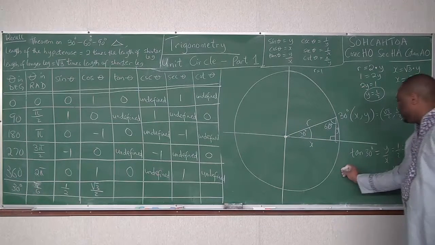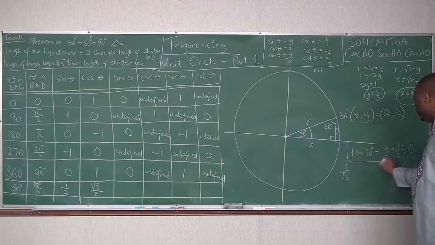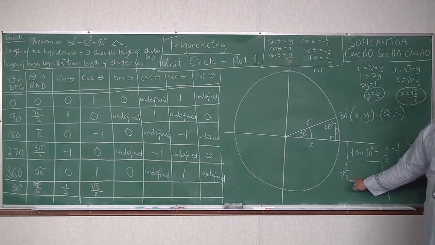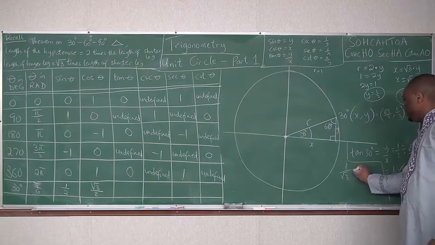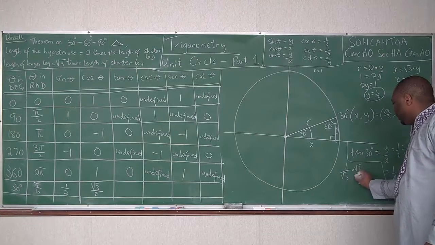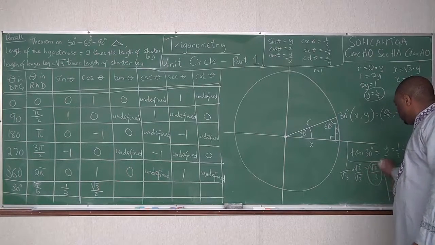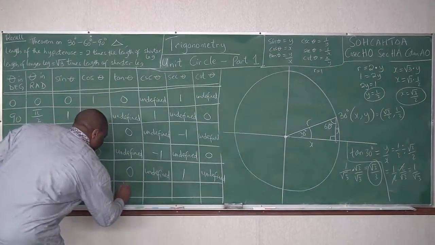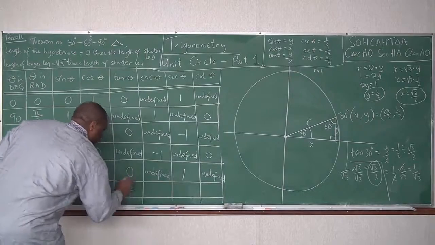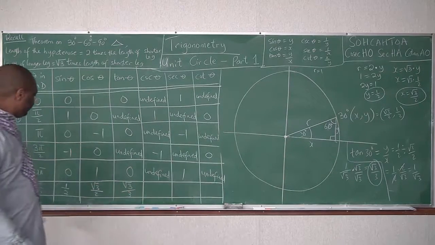Okay, you have that 30 degrees 1 over root 3, folks. But you want to rationalize it. So this is times root 3 over root 3, and that is root 3 over 3. So tan 30 is root 3 over 3. You come here and write root 3 over 3.